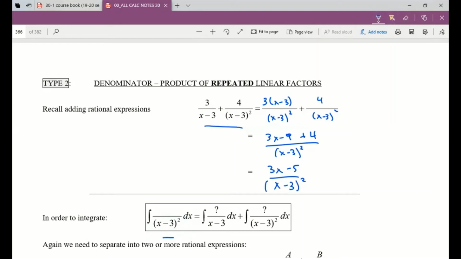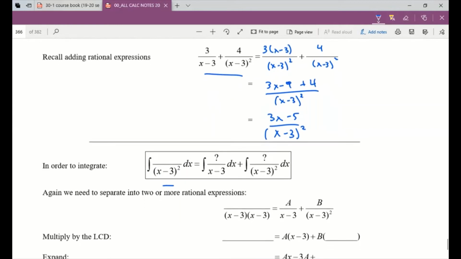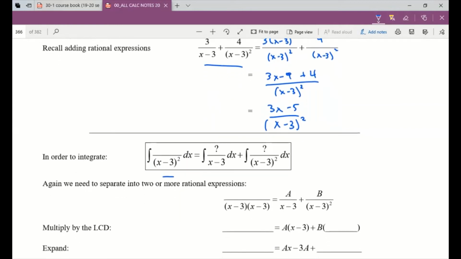So what we end up with is, if we have this original question of 3x minus 5 over x minus 3 squared, we want to break it apart into, one of them has a denominator of x minus 3, the other denominator is going to be x minus 3 squared.